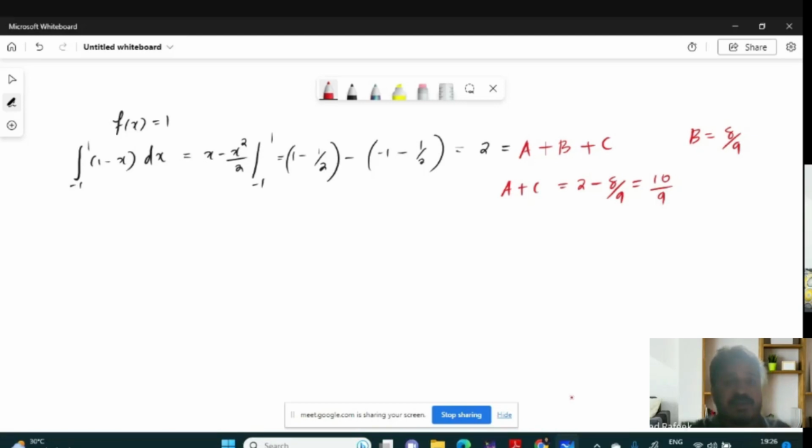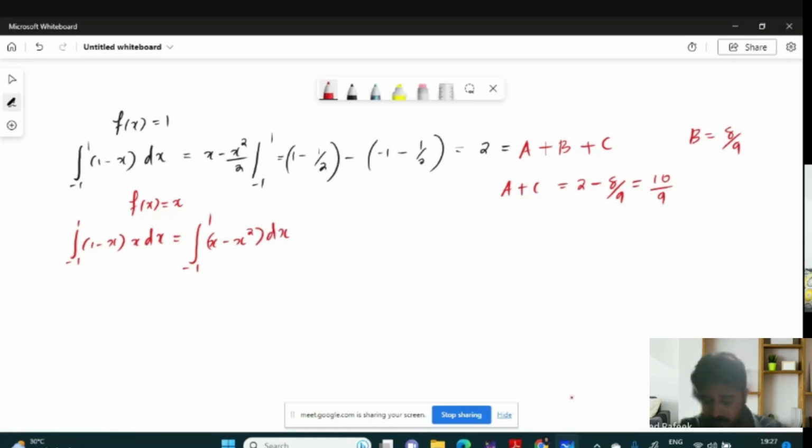Now let us take f of x is equal to x. Then integral minus 1 to 1 of x minus x square dx. See, that is nothing but x square by 2 minus x cube by 3.